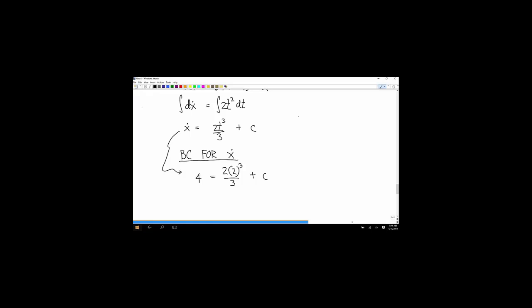And we can use that to solve for c. So you get negative 4/3 there.